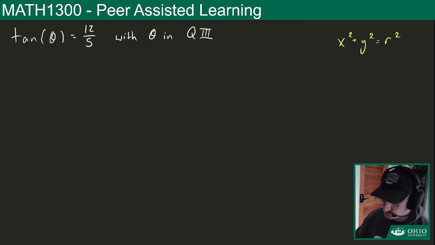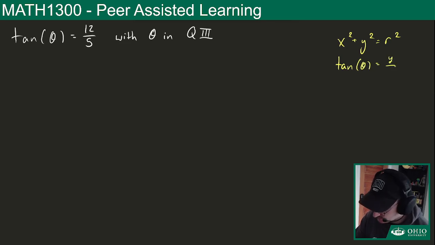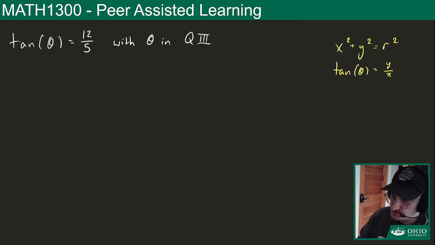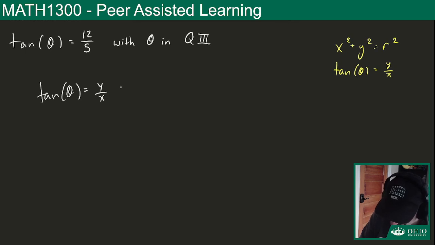So tangent is going to be y over x, resembling the idea that tangent is sine over cosine. Right away, we can see that tangent is giving us some potential values. So we have tangent equals y over x, and that equals 12 over 5.